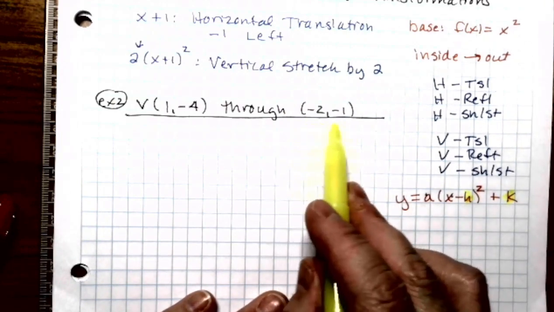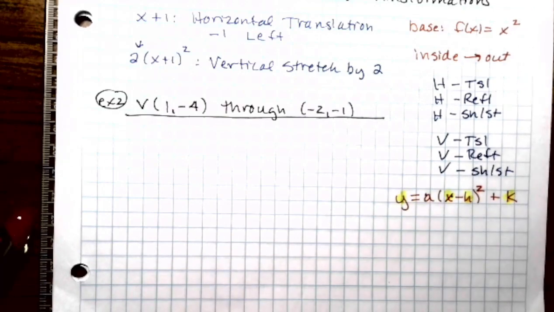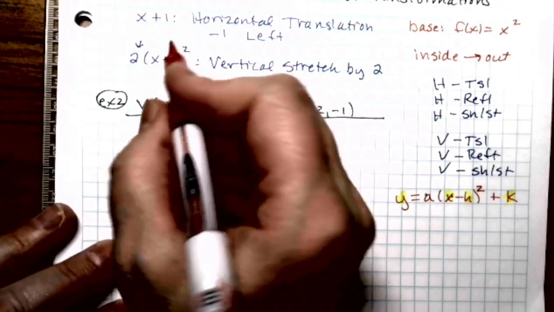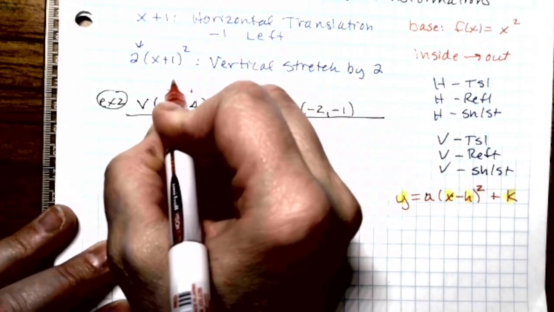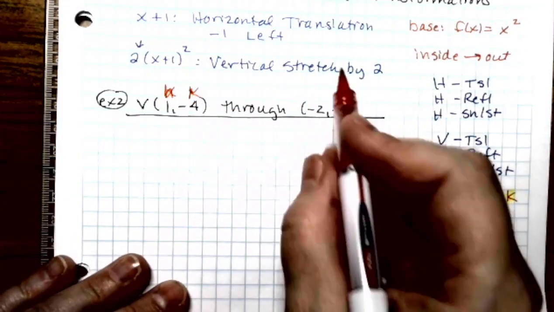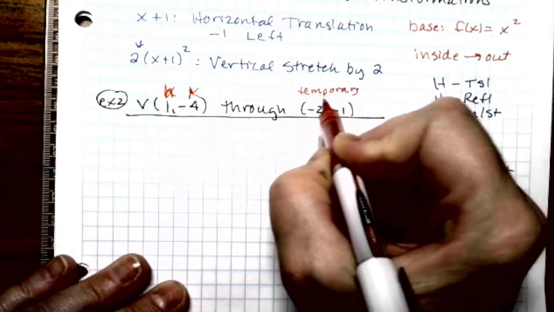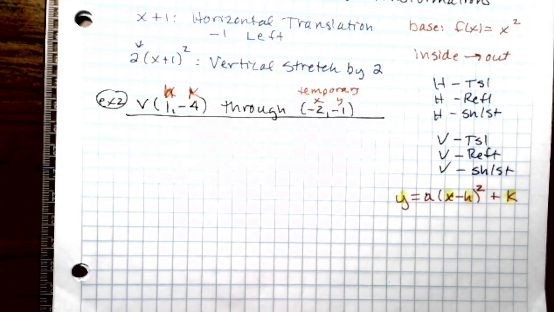And we can use this as a temporary point for x and y. So if we substitute all those in, we should be able to get an a value, which is the one item that we don't have and can't be calculated with an outside formula. So I'm going to fill in the vertex for h and k, and then I'm going to use the (-2, -1) for a temporary x and y. All right, let's do that.